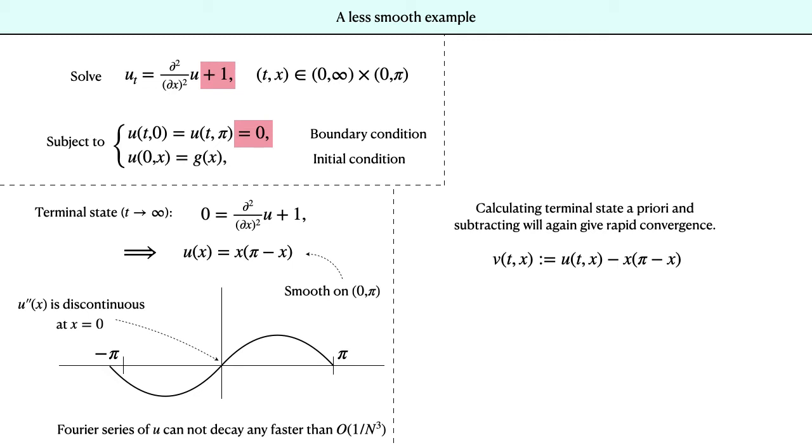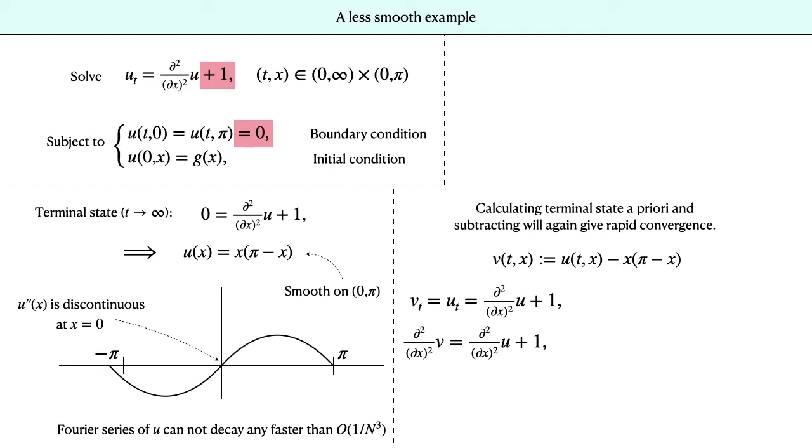And after doing that, we can introduce a new function v(t,x), which is u, but with the terminal state subtracted. Now, if we take the t derivative of v, it is exactly the same as the t derivative of u, but the space derivative is now shifted.